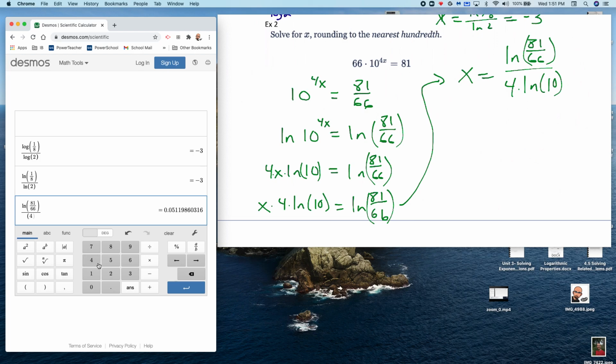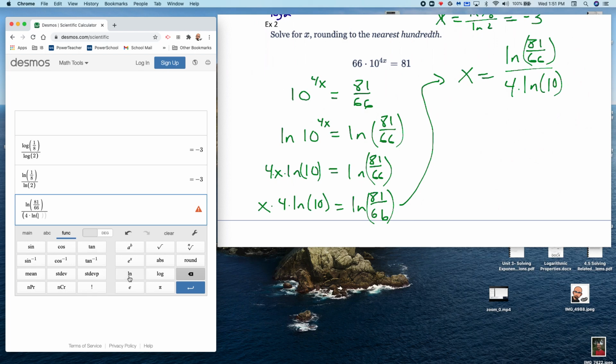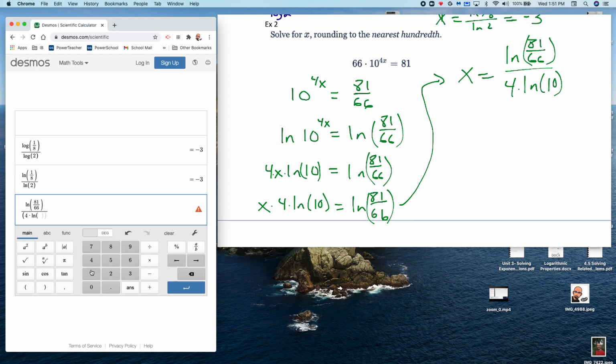So 4 times the natural log of 10, and close the parenthesis. There's my answer. x is equal to 0.022, or as far as Delta Math is concerned, 0.02.